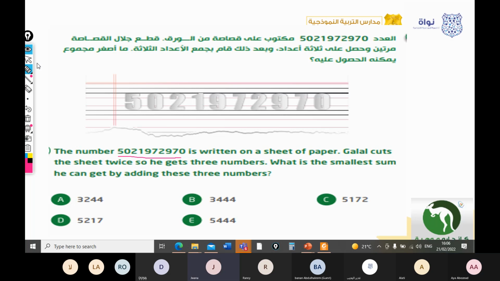Now, this question, we have this number. Galal cut 2 times, so he gets 3 numbers. When he adds the 3 numbers, what will be the smallest summation he can get? The smallest summation after cutting 2 times.